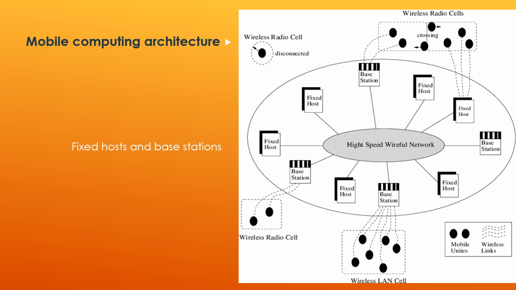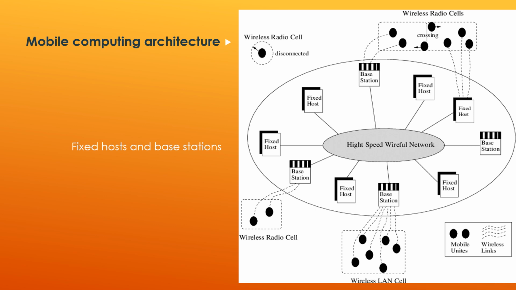Mobile computing architecture. This diagram shows the general architecture of a mobile platform. The general architecture of a mobile platform is a distributed architecture where a number of computers, generally referred to as fixed hosts and base stations, are interconnected through a high-speed wired network.